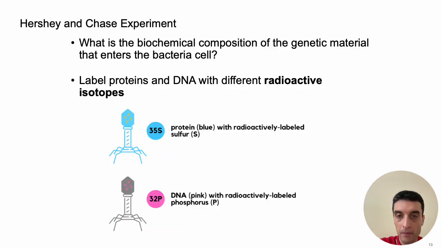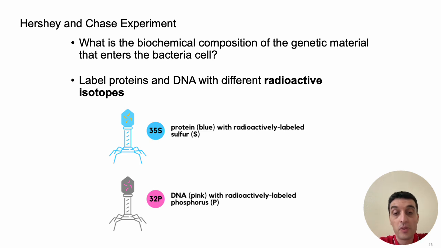So how did they accomplish that? Well, they used a technique that we no longer use because it's super dangerous. They inserted radioactive isotopes into the molecular structure of these bacteriophages.